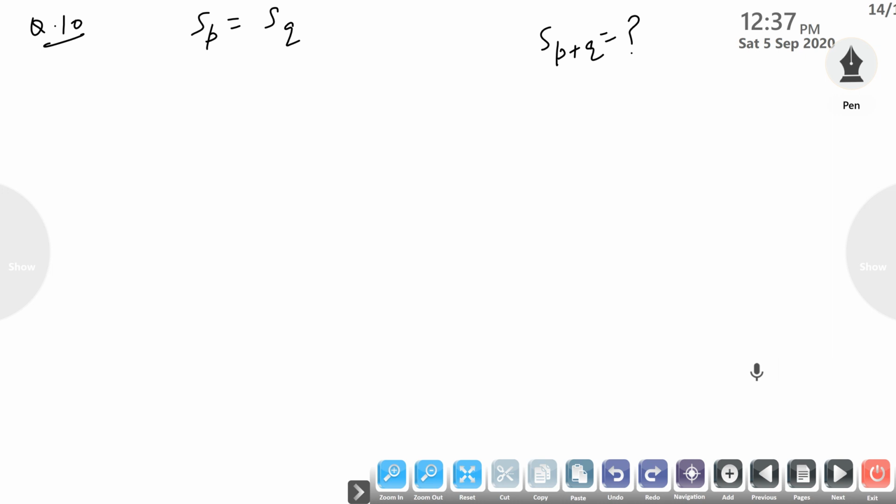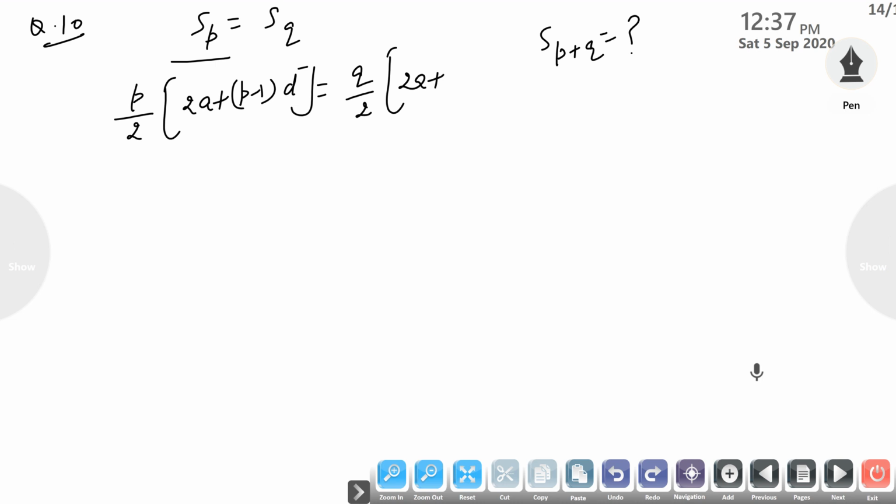Now put the value of Sp, sum of first p terms is p by 2 into 2a plus p minus 1 into d. This is equal to q by 2 into 2a plus q minus 1 into d. Cancel out 2 on both sides, then multiply by p and q, we get 2ap plus p into p minus 1 into d.